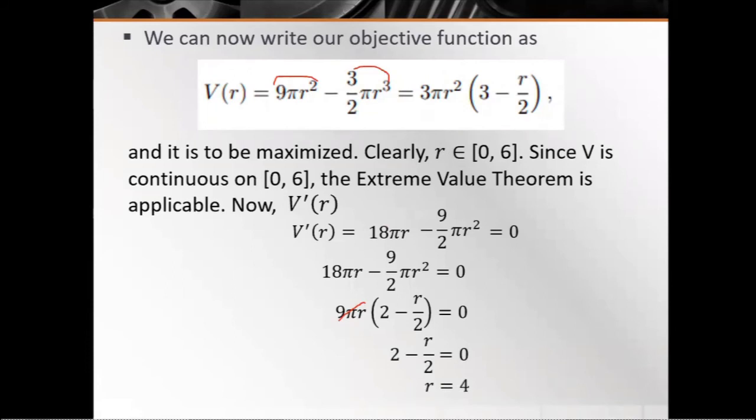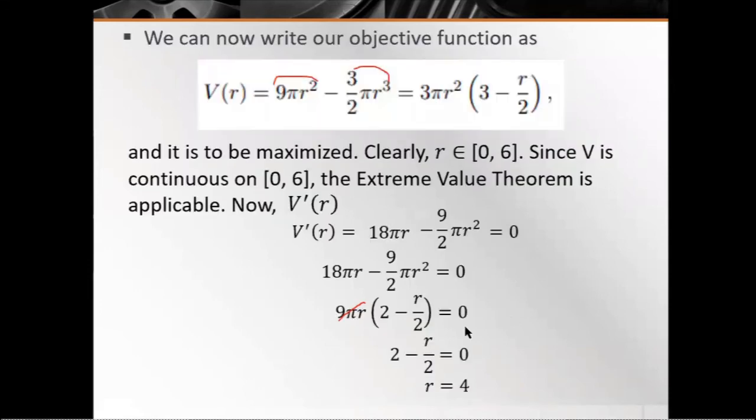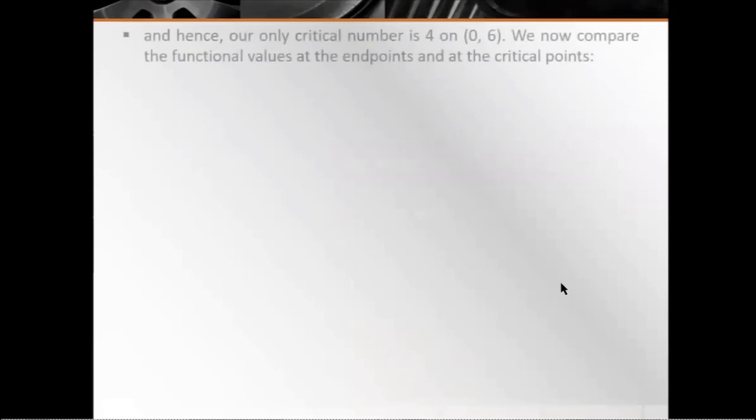So yung r natin, pag nilagay natin into table, critical number kasama yung ating closed interval. And hence our only critical number is 4 on the interval [0, 6].